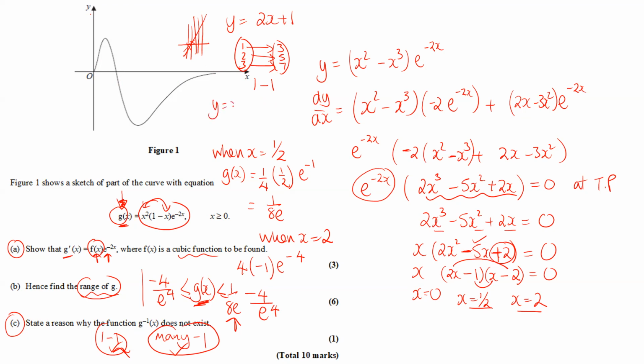If you have y equals x squared, then if we have minus 1 and 1, they will both go to 1, or you'll have 2 and minus 2, they will both go to 4. So you've got many going to one answer.